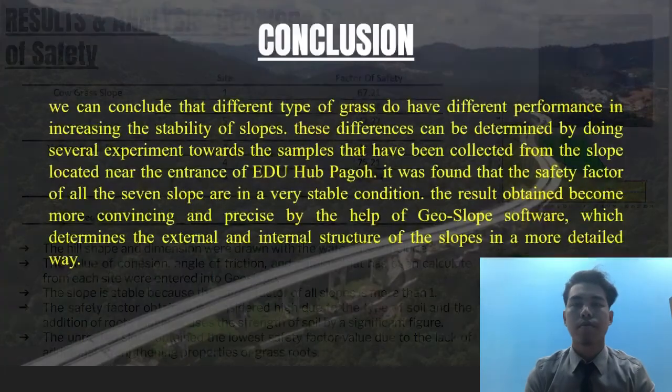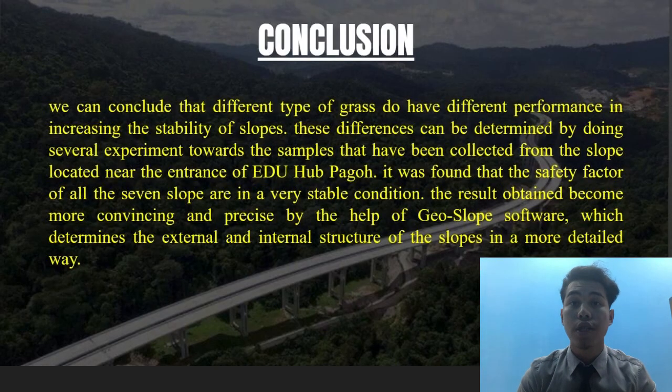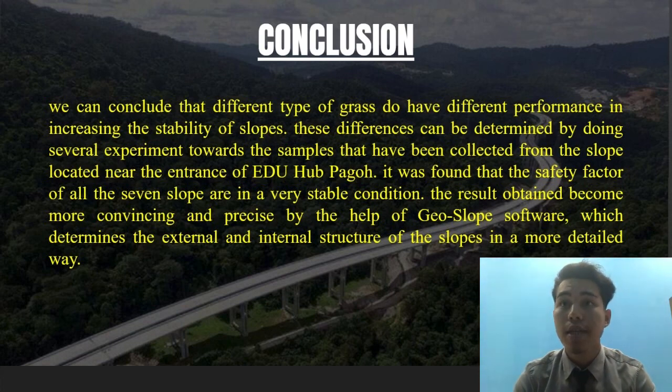Thank you very much. In conclusion, we can conclude that different types of grass do have different performance in increasing the stability of a slope. This difference can be determined by doing several experiments on samples taken from the slope near the entrance of EDU Hub Pagoh.